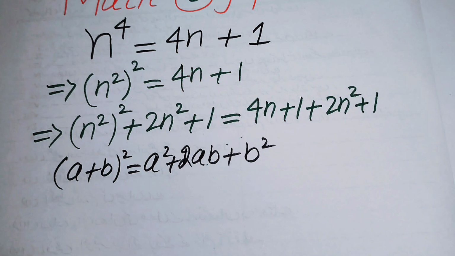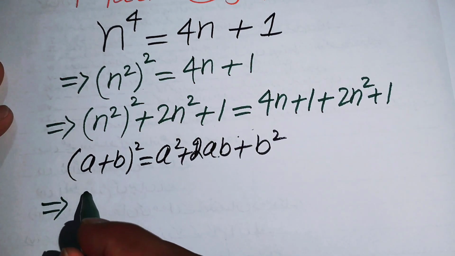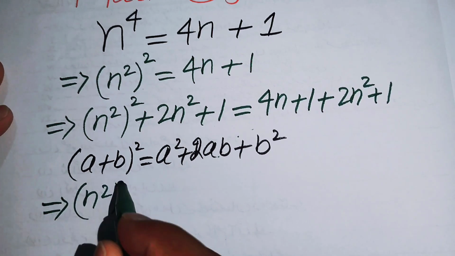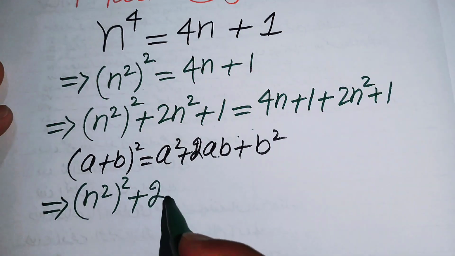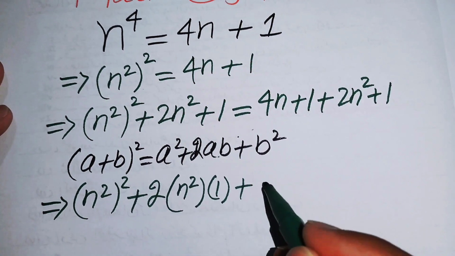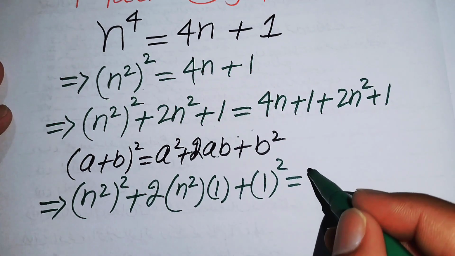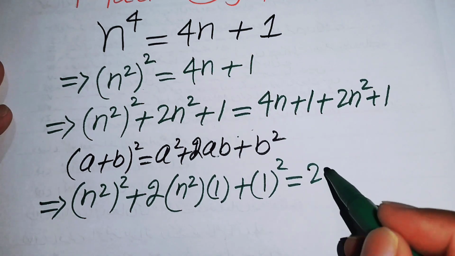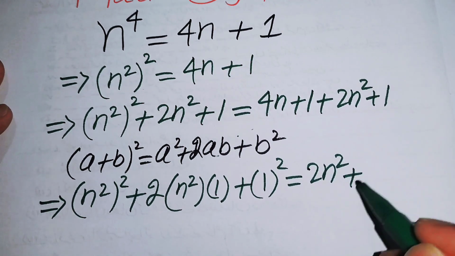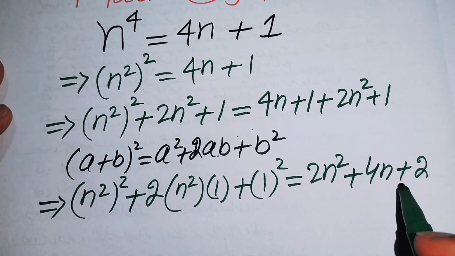Now we can use this square formula on the left hand side, so I can first rearrange the left hand side and get n squared and its whole squared, plus 2 times n squared into 1 plus 1 squared, is equal to 2n squared plus 4n plus 2. Here when we add 1 plus 1 it becomes 2.